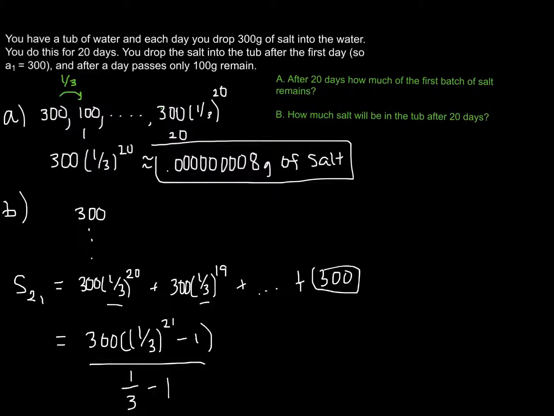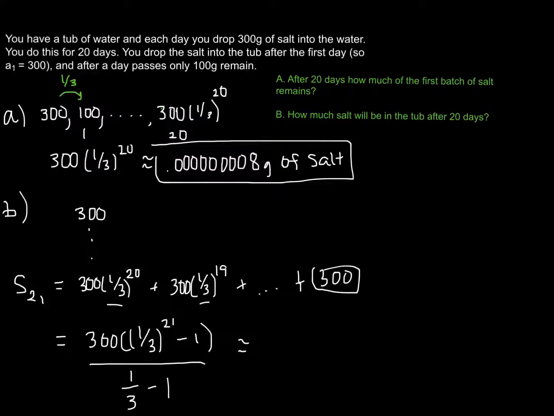And you can imagine that you'll get some sort of positive number. And I want you to think about, what will this number be about? Could it be less than 300? No, it can't, because I'm adding 300 at the very end. Can it be, like 10,000?